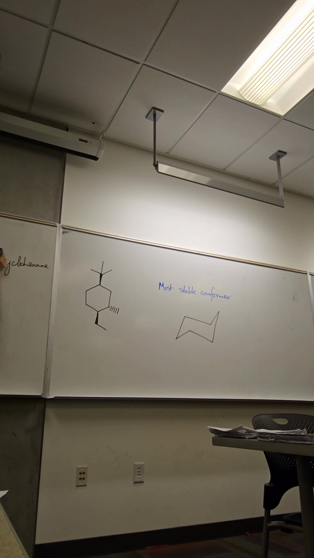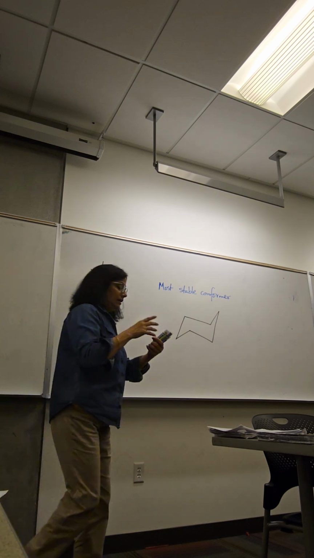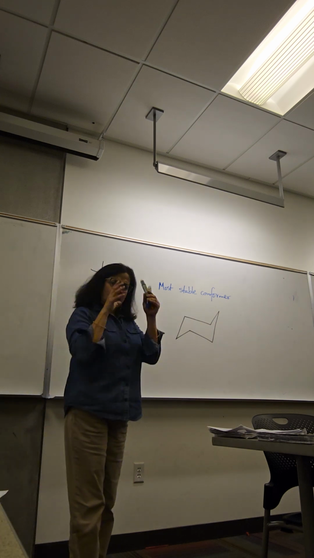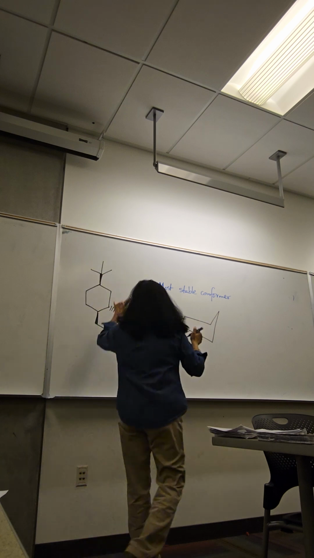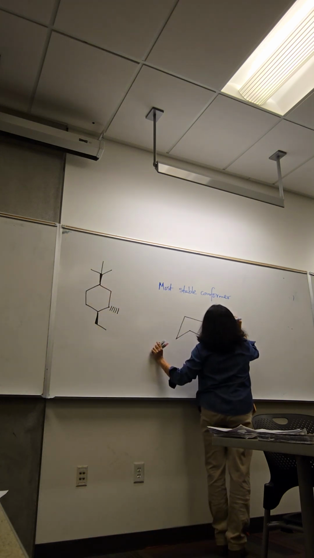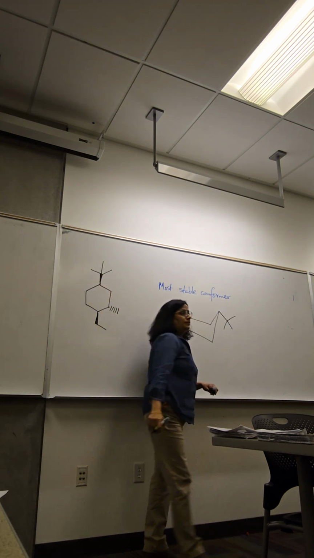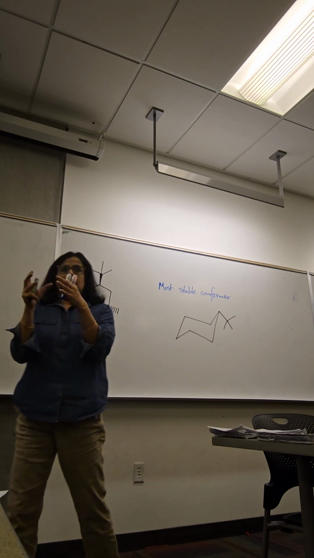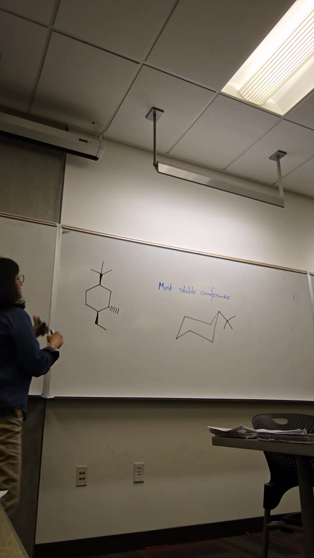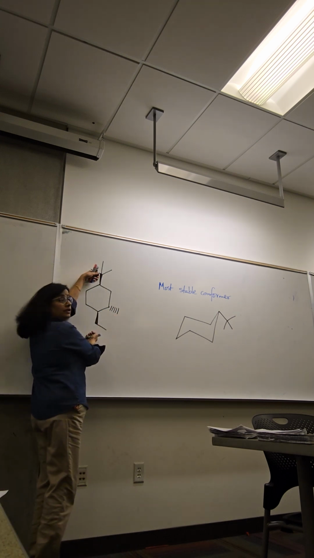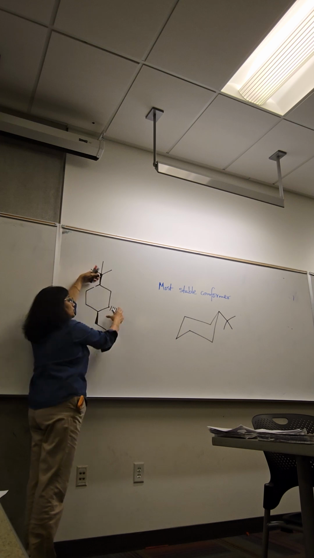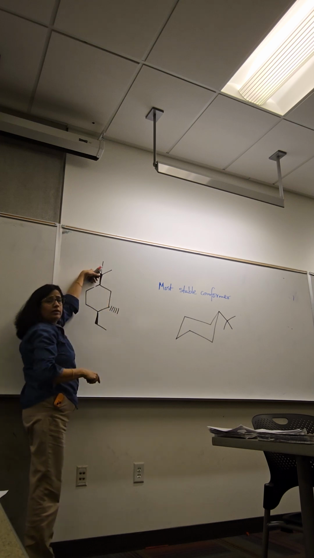So, to be most stable, which position would the biggest group want to be? Equatorial. Start with that. So let's say I'm putting it in the equatorial position. That's fixed. Now analyze the relative orientations of the others relative to the T-butyl and arrange them where they need to be.